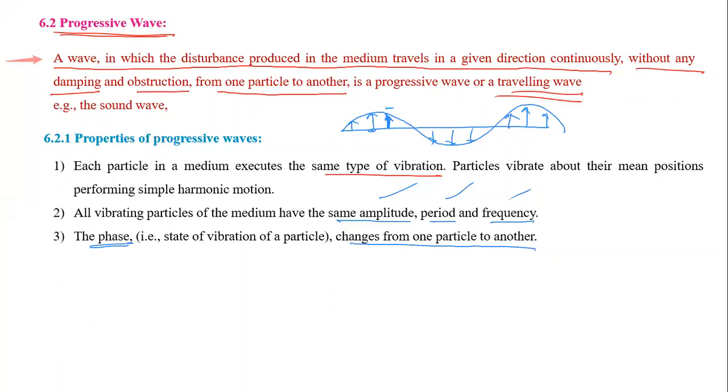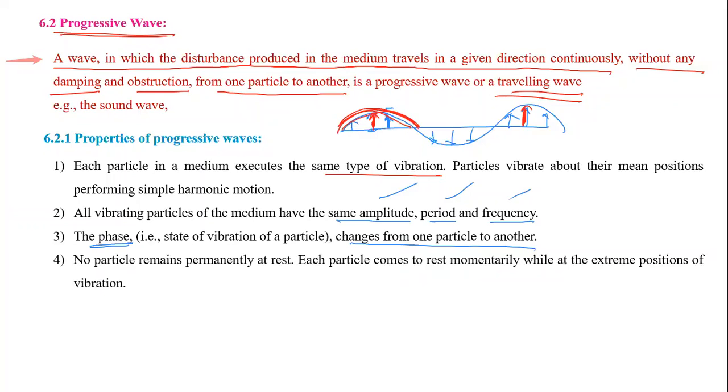You can see here, this particle and the neighboring particle have a different state of vibration. Now when we go to another part, this particle and this particle may have the same state of vibration, but in this portion, nearer particles have a different state of vibration.